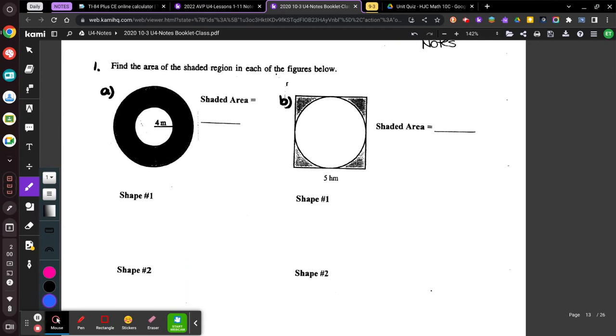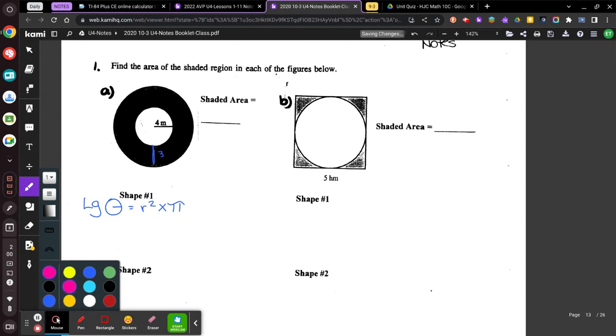So here we go. The first one is our large circle, and shape 2 is going to be our small circle. So that means we're going to go r squared times pi, because that's the area of a circle. Now, you guys can't see it on yours, but this number right here is a 3.